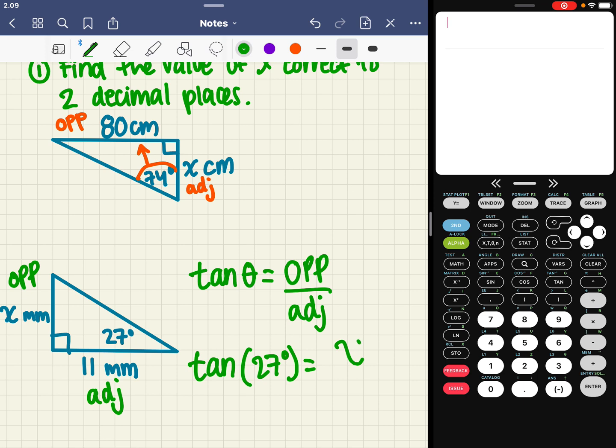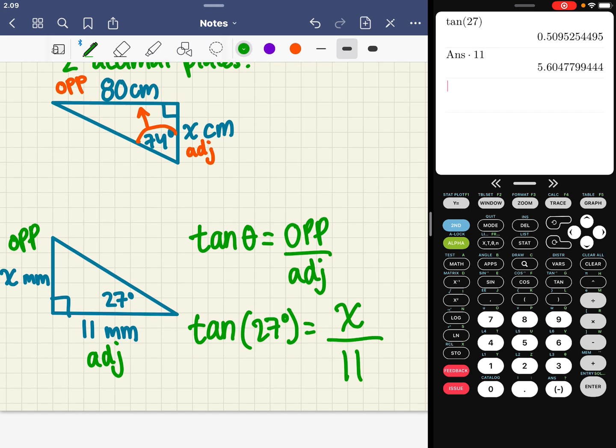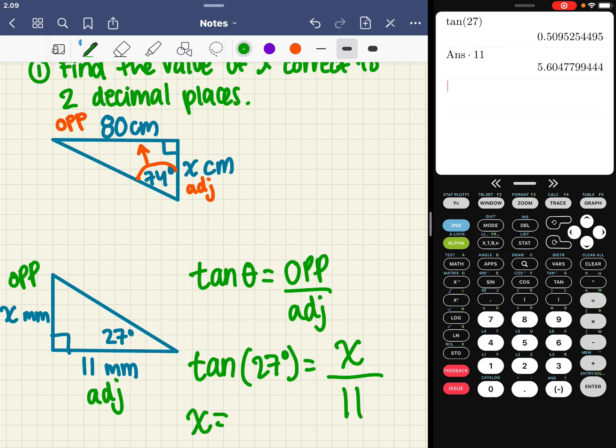The opposite we don't know, and then the adjacent is 11. So in this case, to solve for x, I need to multiply both sides by 11. So I'm going to calculate tangent of 27, and then I'm going to multiply that by 11. So I get x is equal to 5.60 millimeters.